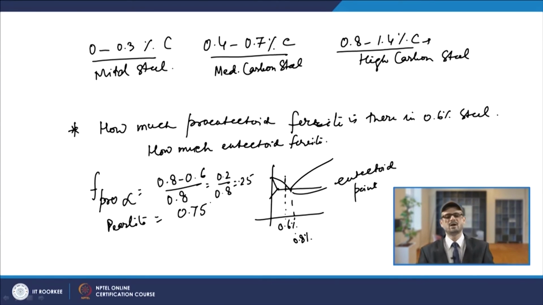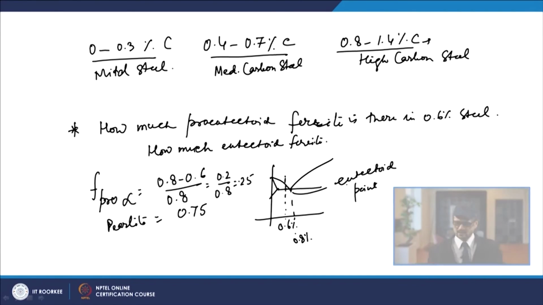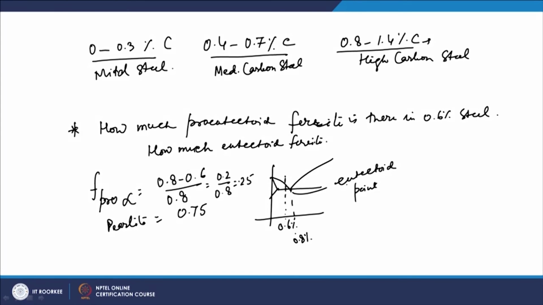Now, you are also getting the eutectoid ferrite. You can get this amount from this point itself, because you have ferrite here and you have cementite here.